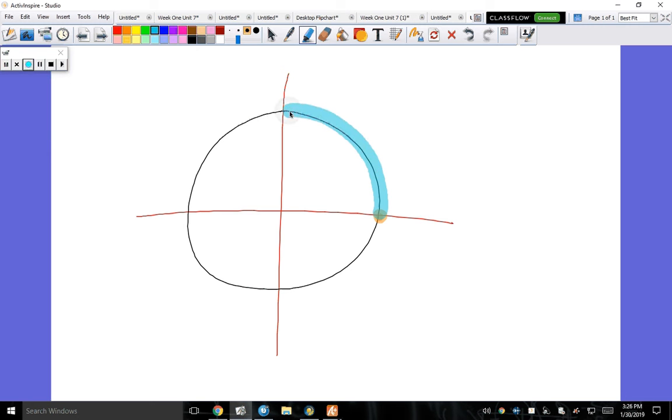How much have we traveled? 90. How much have we traveled? 135. How much have we traveled? 180. That's too much math, but that's what we have to do to develop this unit circle, okay? We're going to keep going. How many degrees? 270. And what did I say we're going to? 450. So 360.